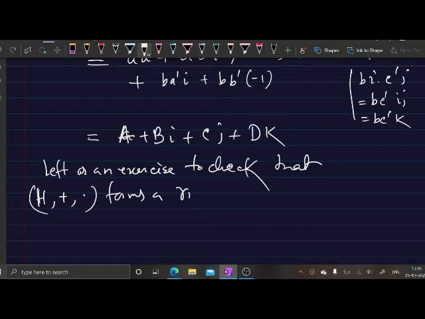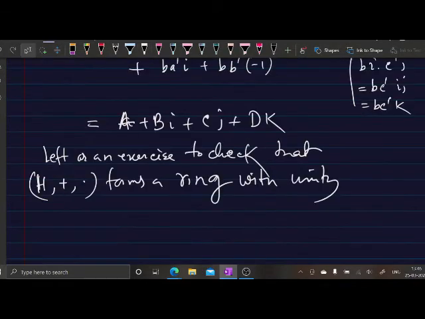So this H plus dot forms a ring, and not only that, it will be a ring with unity. What is the unity? Unity will be 1, the real number 1, because 1 can be written as 1 plus 0i 0j 0k.